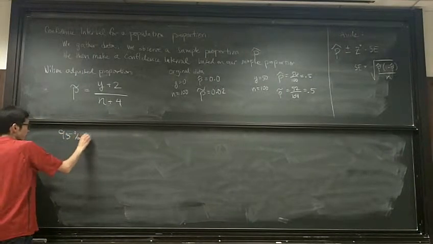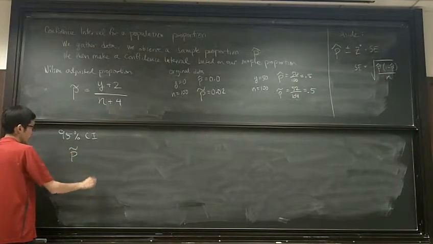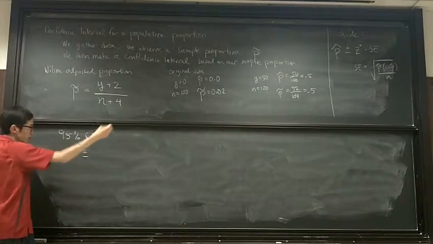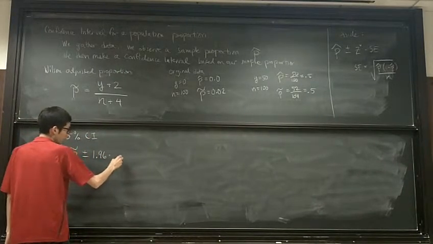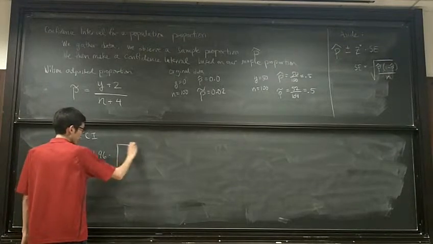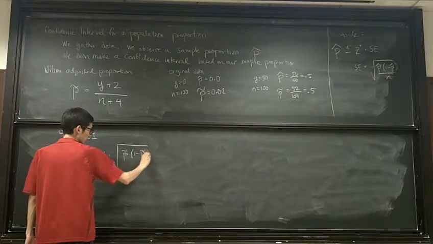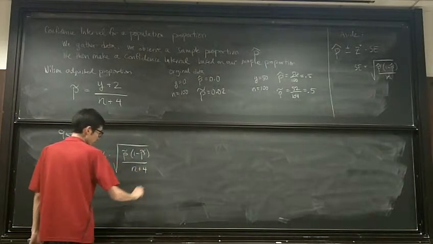Okay, so for a 95% confidence interval, using the adjusted sample proportion, we're going to go p tilde plus or minus the critical value, which is going to be 1.96, times our standard error, which is going to be the square root of p tilde times 1 minus p tilde over n plus 4.